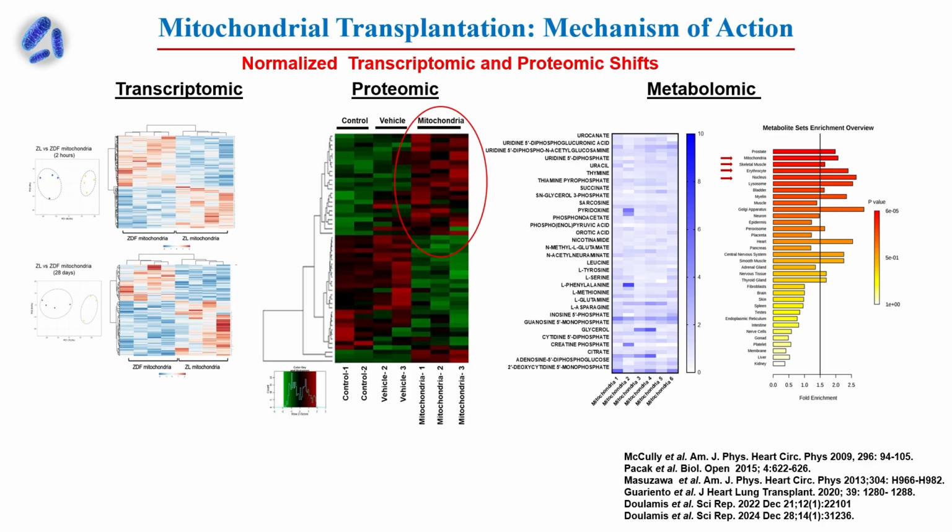You can see here's the one with mitochondria, here's vehicle and the control. You can see the mitochondria are upregulated. Proteomic people have a code of their own. Green is down, red is up. They obviously don't want to drive behind a proteomics person. So anyway, this is metabolomics, and you can see that it's upregulated and comes back to normal.